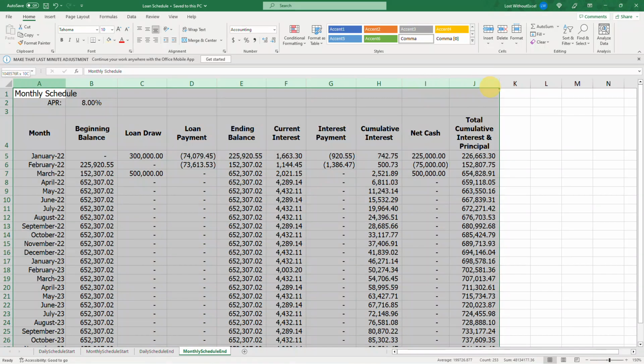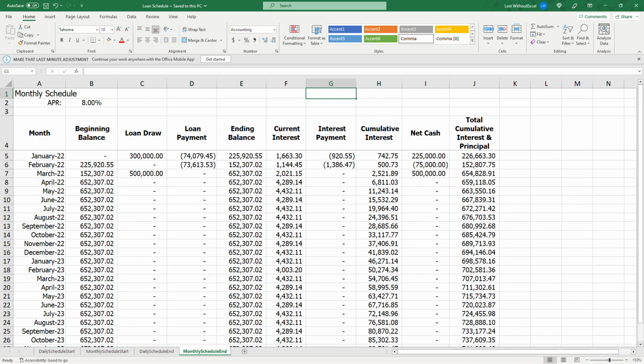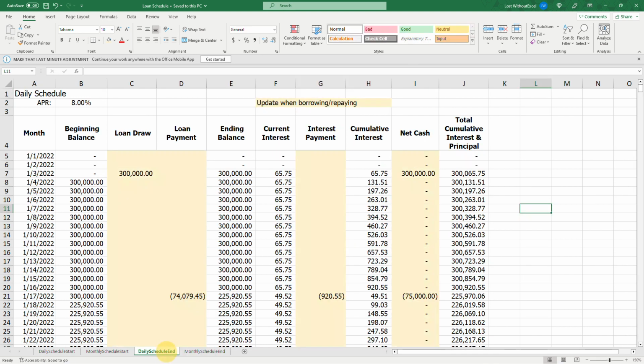There are no actual modifications that we're going to do on a regular basis to this worksheet, because along with this we're going to have a daily schedule that looks something like this. I titled that wrong. Instead of having the months in the first column, we're going to have days.